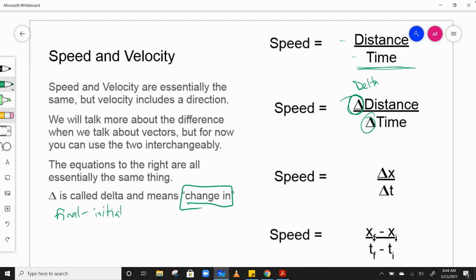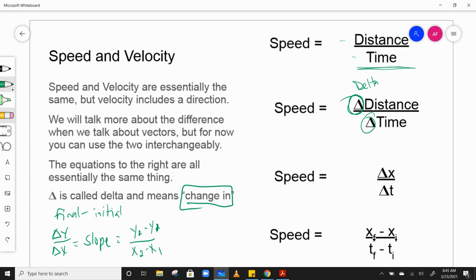It's final minus initial. Okay, you may have seen this before in change in y over change in x, which is the formula for slope, right? So you have y2 minus y1 over x2 minus x1. And 2 comes after 1, so it's like final minus initial, same kind of thing.